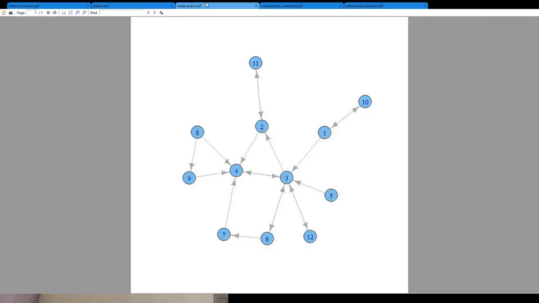So if we go back here, for example, if I'm at 2, then 2 has 2 arrows leaving, one going to 4, one going to 11. So with probability half, I'll go to 11. With probability half, I'll go to 4. Let's say I go to 11. 11 has 1 arrow going out, it goes to 2, so I've got no choice, I'm going to follow that.